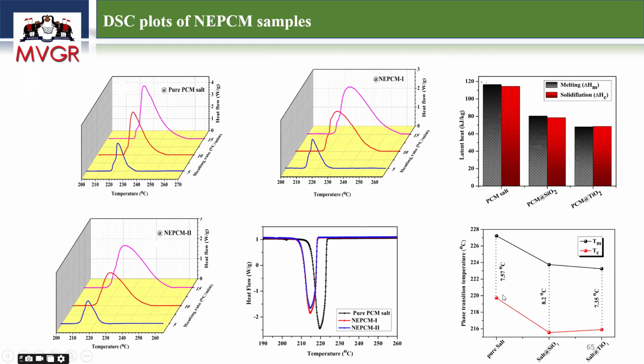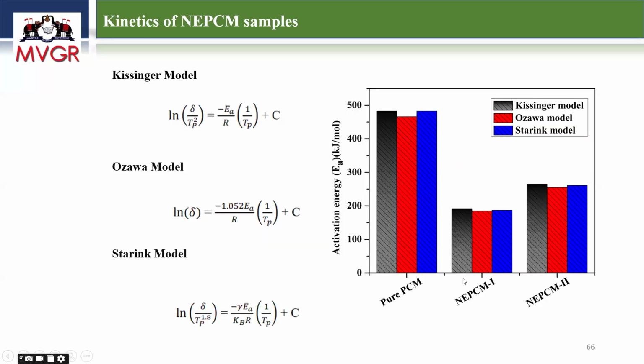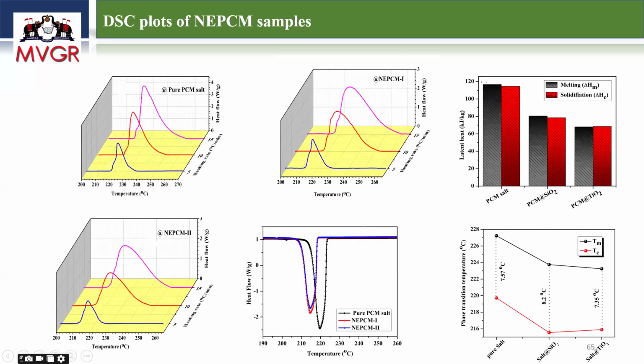And coming to another thing, phase melting point temperature. During the charging condition and during the discharging condition, the melting point temperature difference we call the degree of supercooling. So the degree of supercooling is slightly deviated. It is not that much deviated.